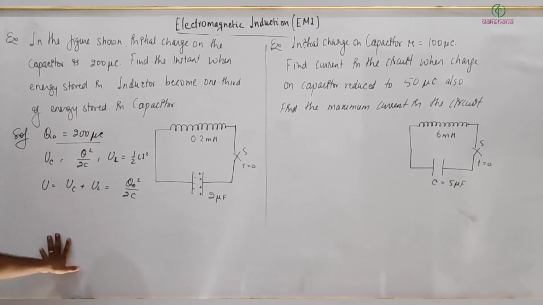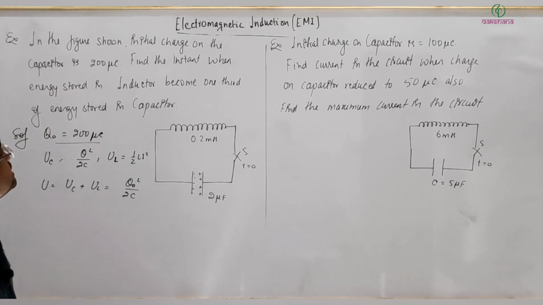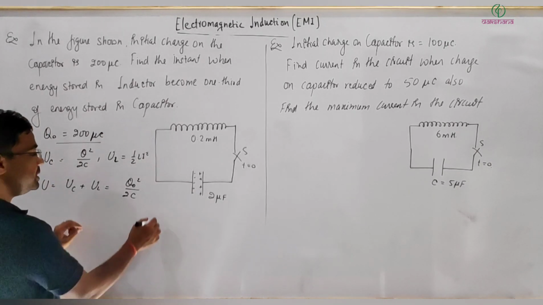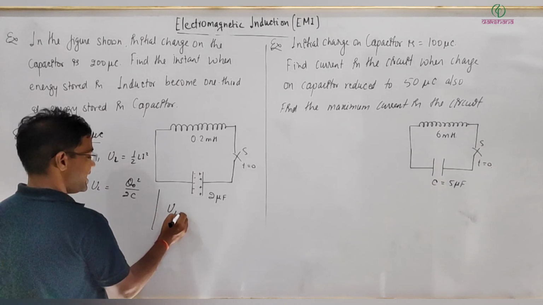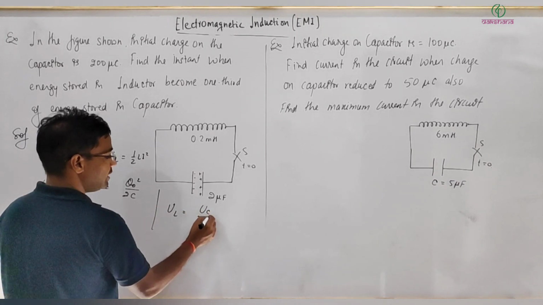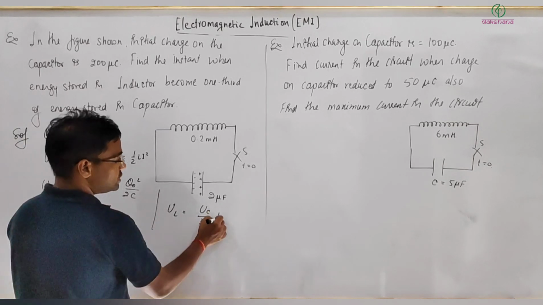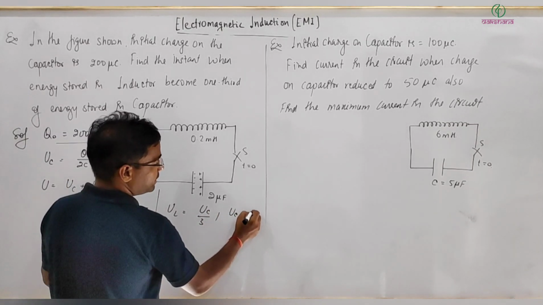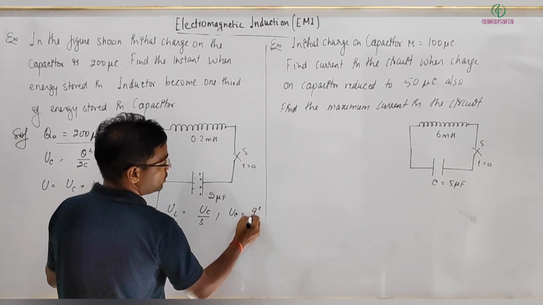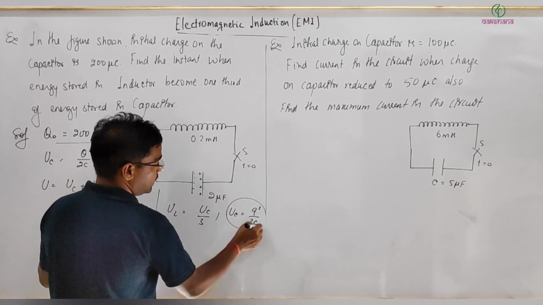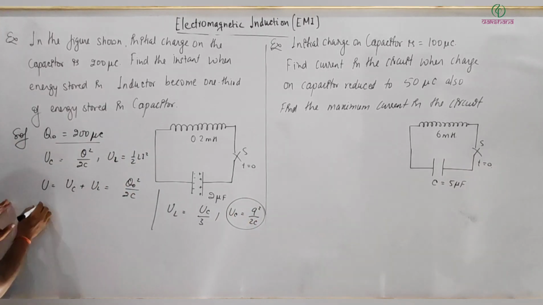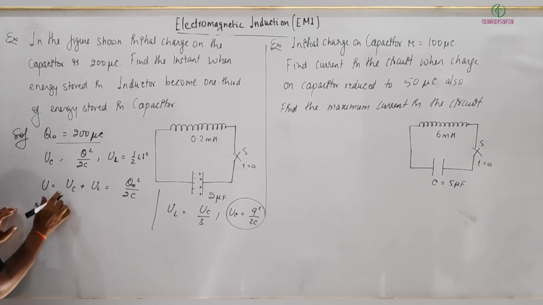Now the instant when energy stored in the inductor becomes 1/3, I can write UL is equal to UC by 3, and UC at some moment of time, let's say charge becomes Q, is Q square by 2C.